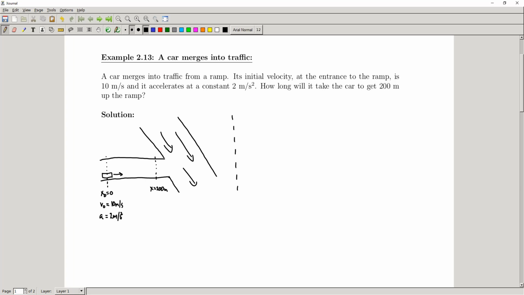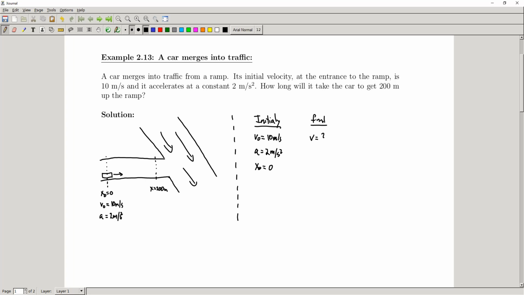Maybe a nice way to start looking at the problem is by making a little bit of a table here. Sometimes that's helpful. Initially we have our v0 equal to 10 meters per second, our acceleration equal to 2 meters per second squared, and our initial position is 0. And for our final values, we have a final velocity.